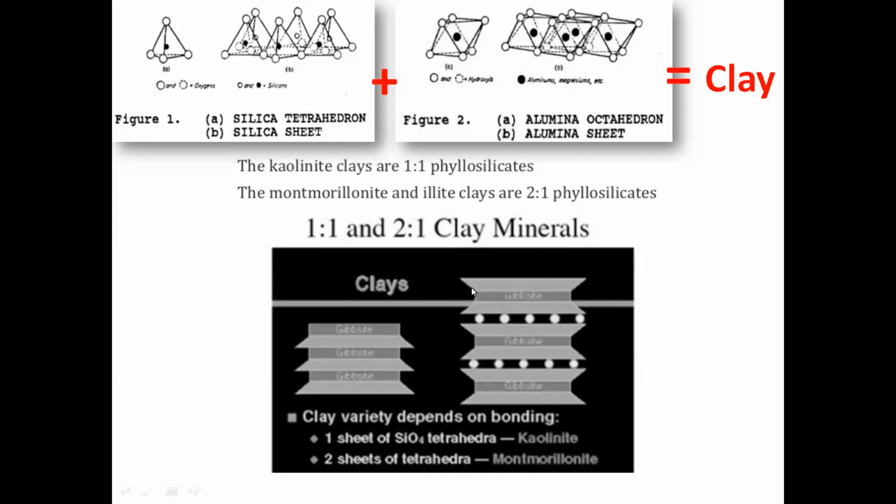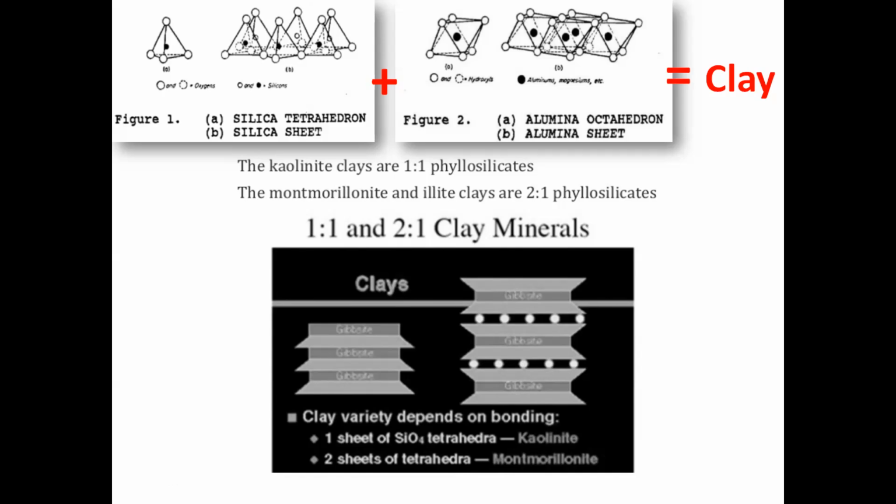The one which looks like a roof is basically the silicate layer. The in-between layers, if you see the right hand side, are the alumina octahedra. And you can see in the right hand side picture that sometimes you have some additional cations in between the layers.